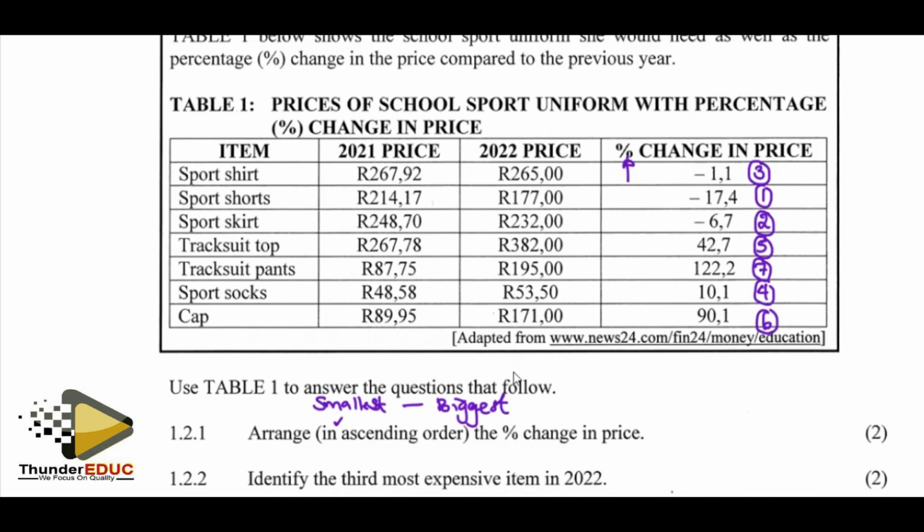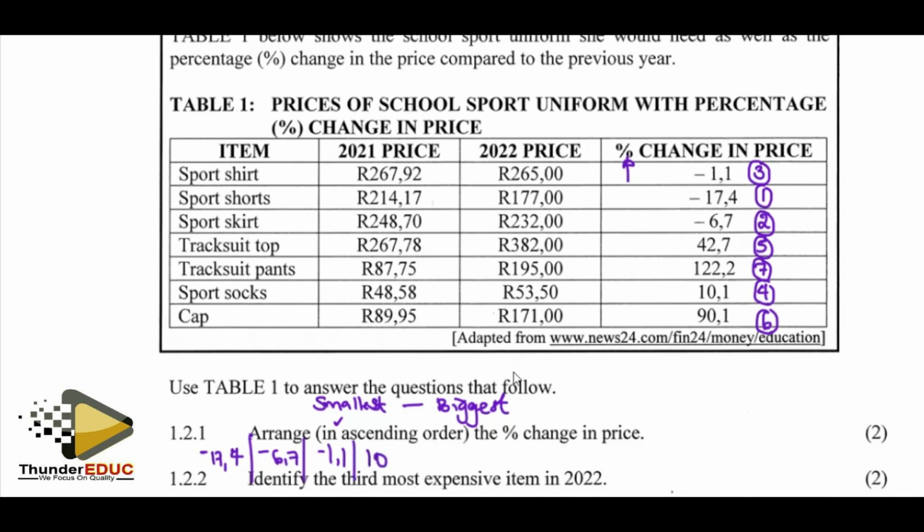So if you write it in ascending order, don't forget to put the negative signs there: negative 17,4, followed by negative 6,7, followed by negative 1,1.